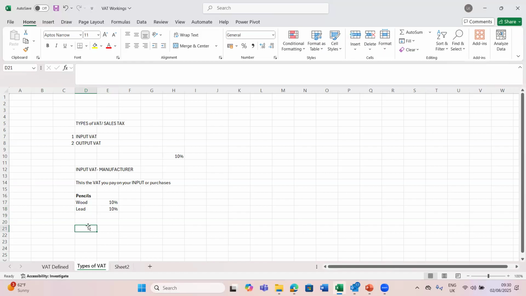Now the output VAT, the same manufacturer.